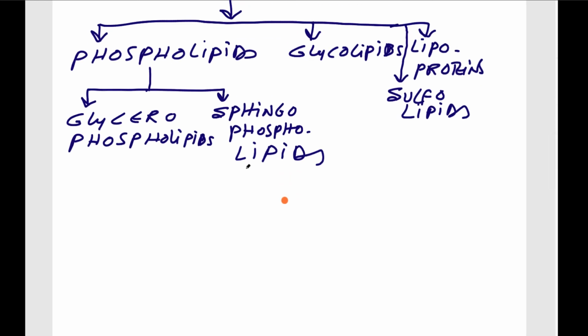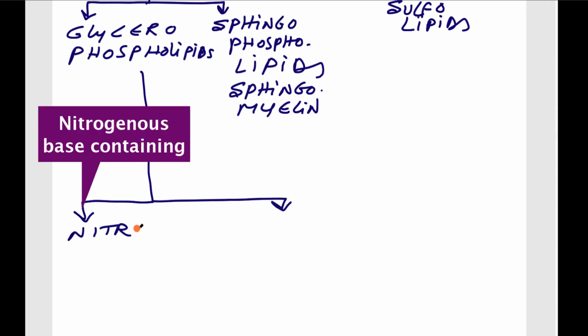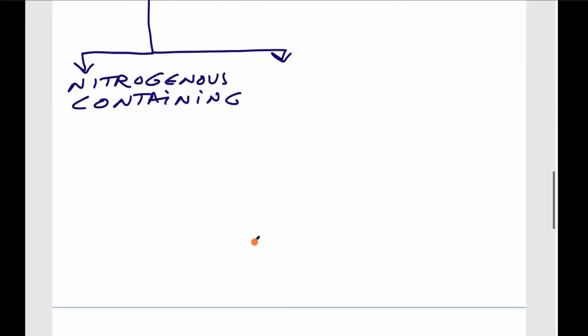The example of sphingophospholipids is sphingomyelin. The glycerophospholipids are further subclassified into nitrogenous base containing, like choline and ethanolamine. They are the nitrogenous bases.